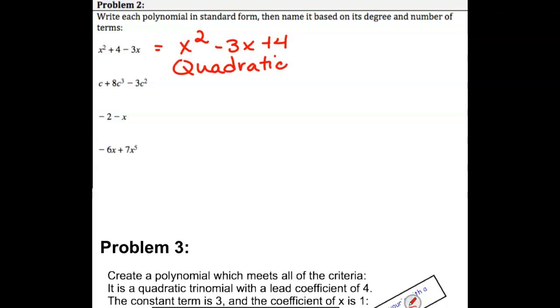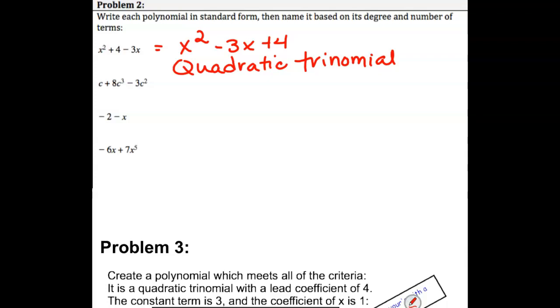Now, how many terms does it have? How many terms? 3. An x squared, a negative 3x, and a 4. Okay, 3 terms. So it is a quadratic trinomial.